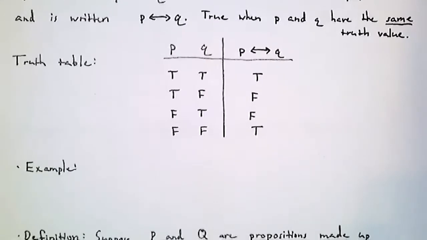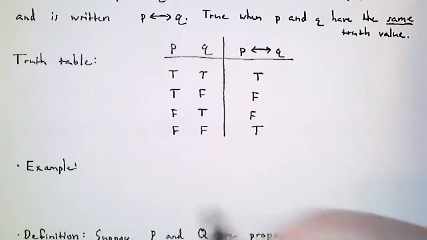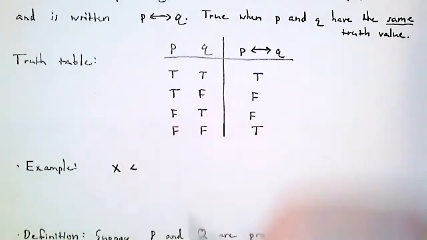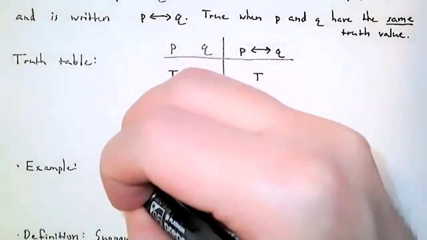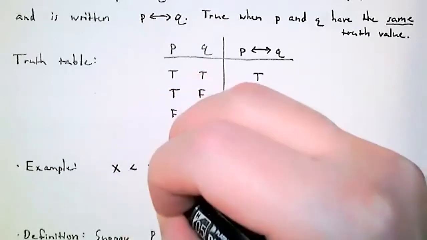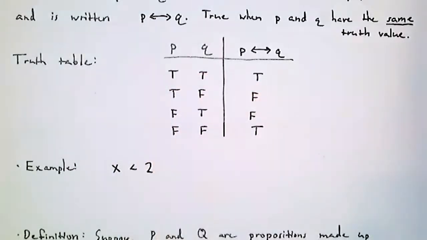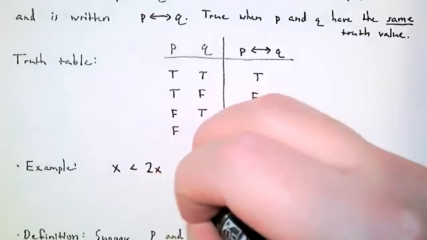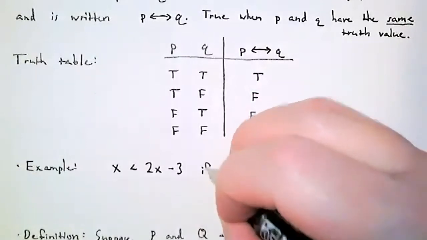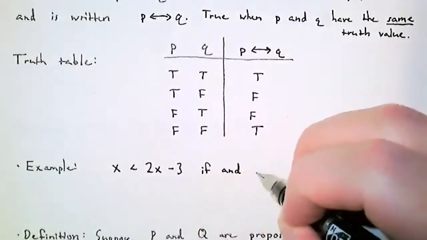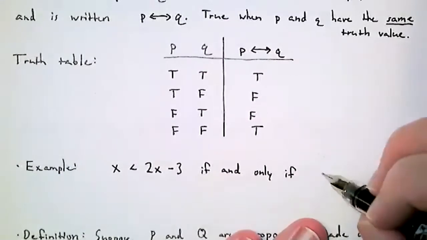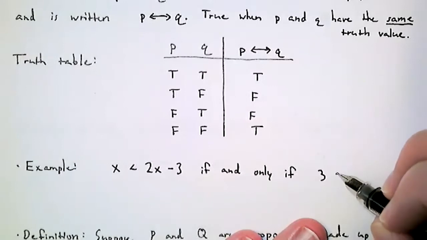Let me do an example, a mathematical example. Yeah, let's just go with this. x is less than 2x minus 3 if and only if 3 is less than x.